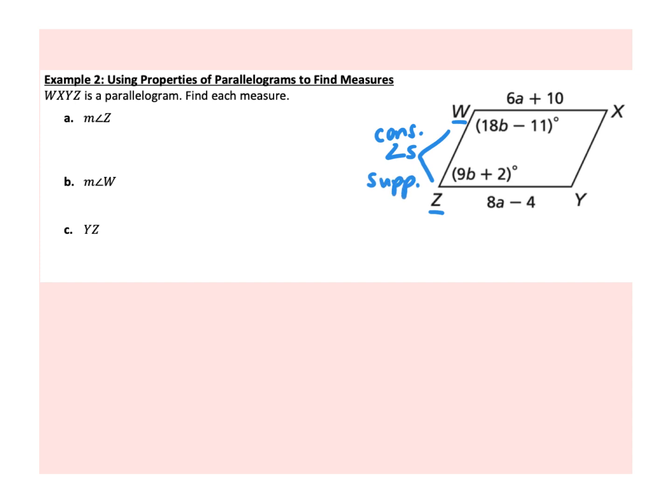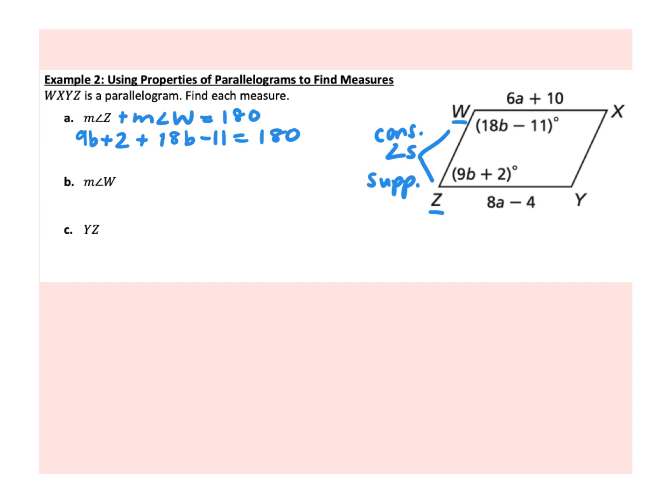So if we make an equation here, measure of angle Z plus the measure of angle W has to total 180. Now we can just set up our algebra. 9b plus 2 is the measure of angle Z, plus, and then we have 18b minus 11. And together that adds to 180.